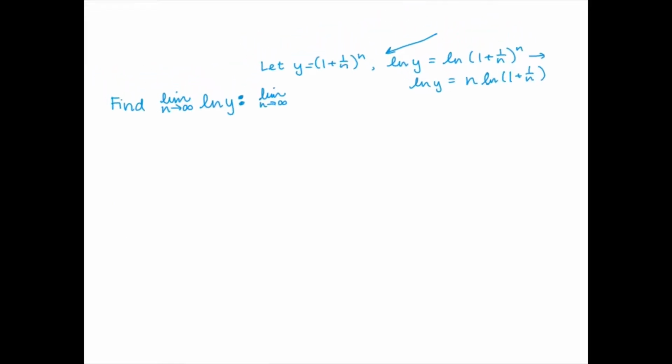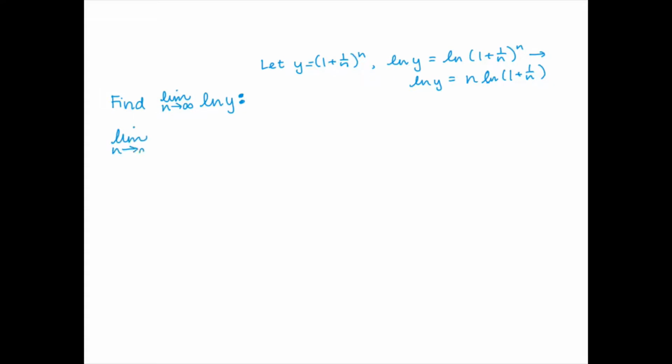Okay, so here we have, let's start here. This is going to be the limit as n approaches infinity of n times the natural log of 1 plus 1 over n. We're going to put this in a form that allows us to use L'Hopital's rule.